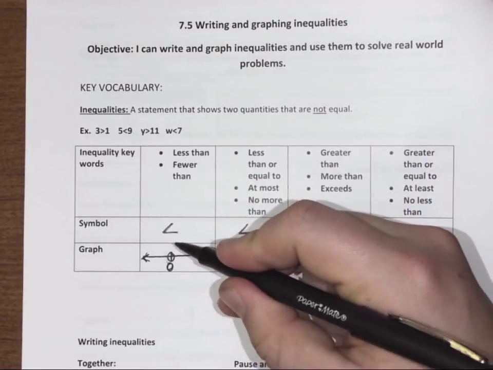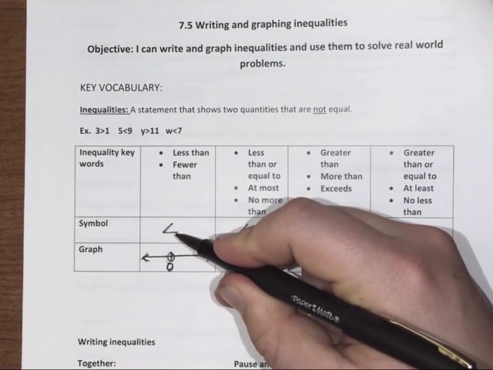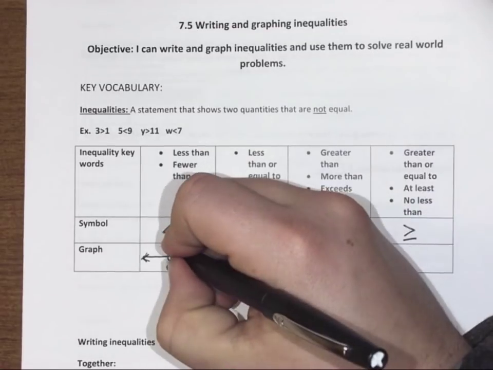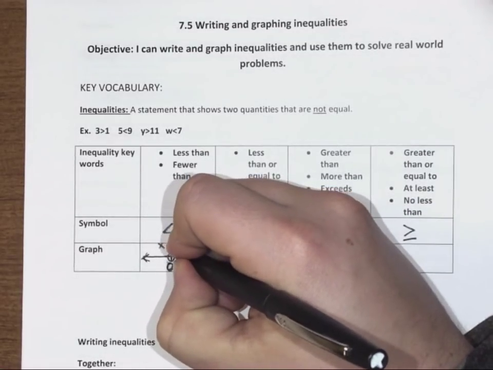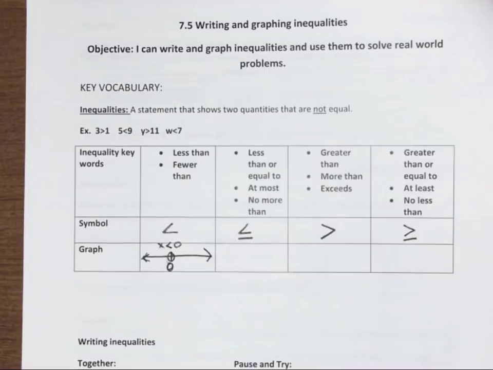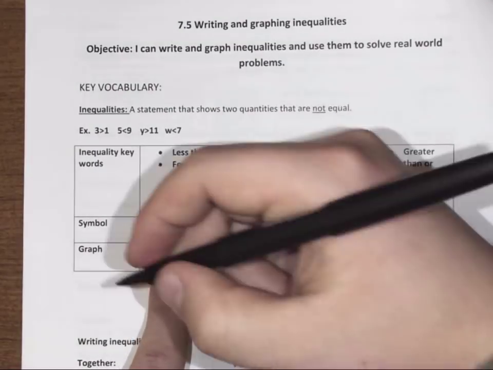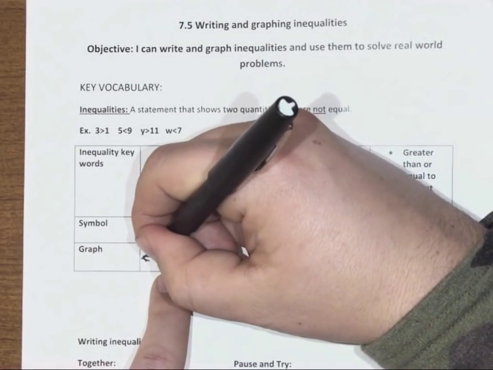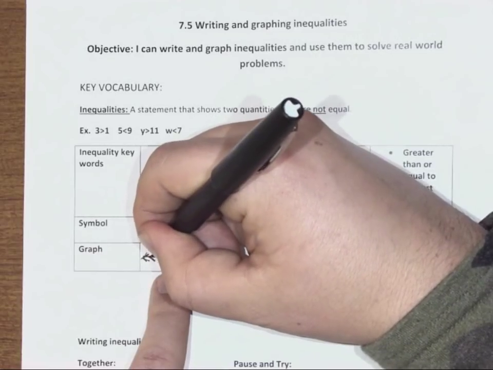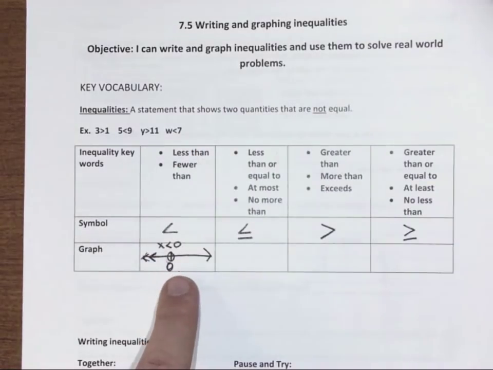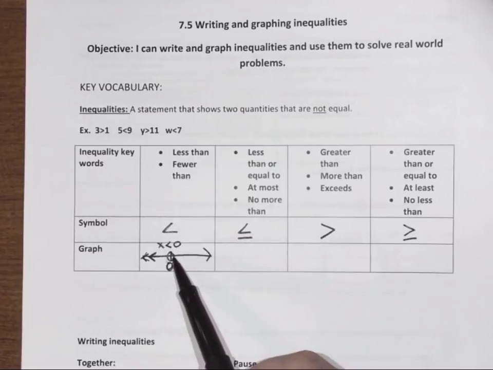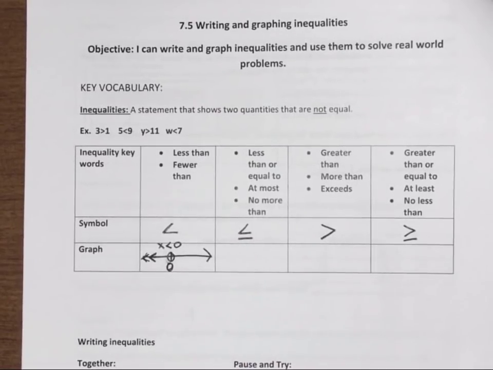And if it is less than 0, for example, x is less than 0, then we would have an open circle on 0, and we would have an arrow that goes to the left, like this, signaling that it is less than 0.